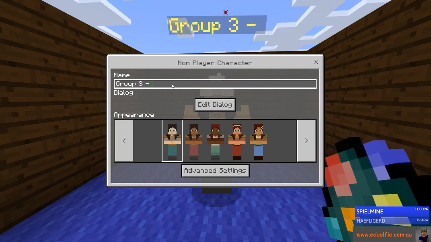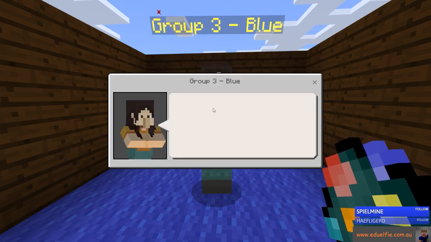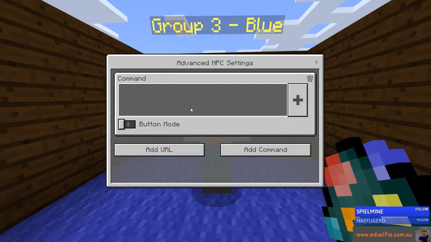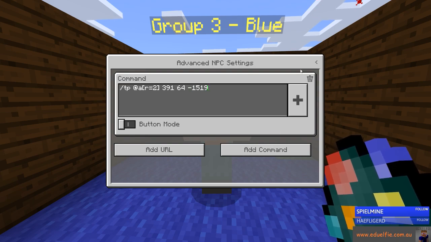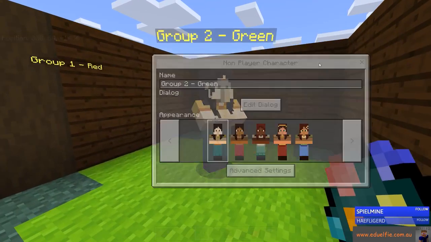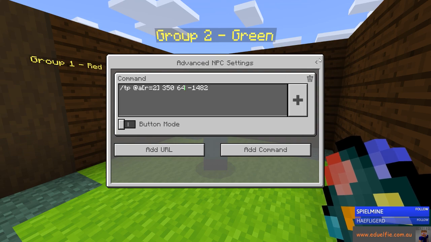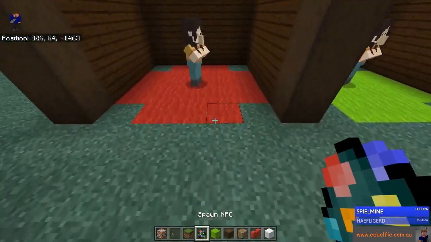Group 3, blue. Slash TP @a[r=2] to 391.64, negative 1519. I feel like I missed the 64 in this. I did. So I was lazy and didn't write it down, so I didn't read it. Okay, so that's that. So now I need you.